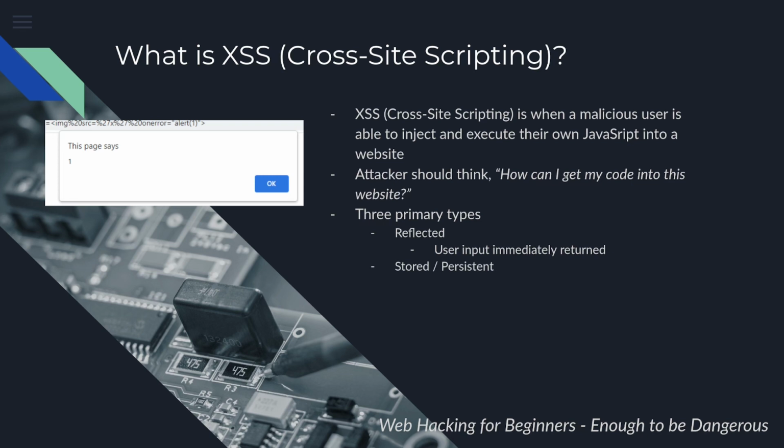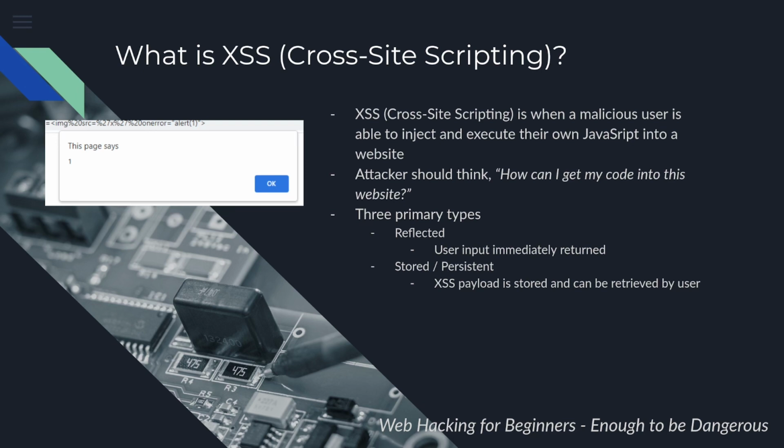There is also stored, which is oftentimes referred to as persistent cross-site scripting. This is when the cross-site scripting payload itself is actually stored by the application and then later retrieved by the user. So one example of this might be, let's say somebody used a malicious string to save as their username for a website.